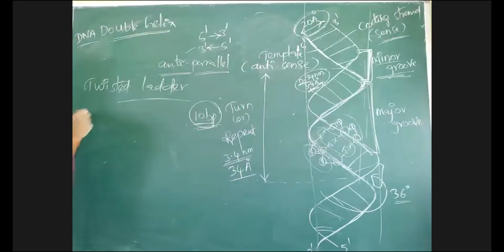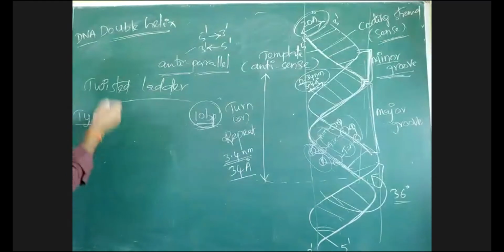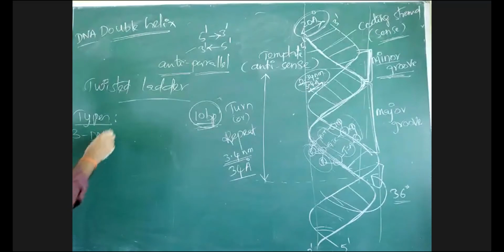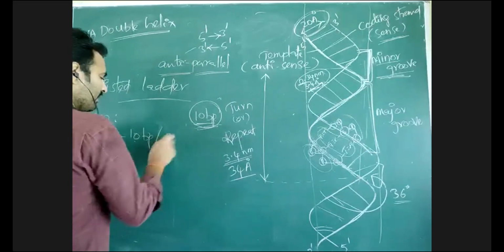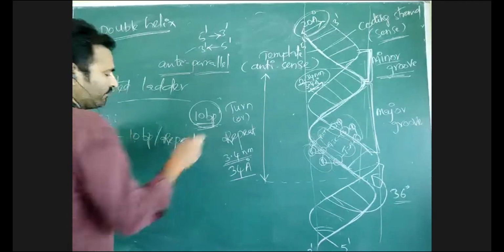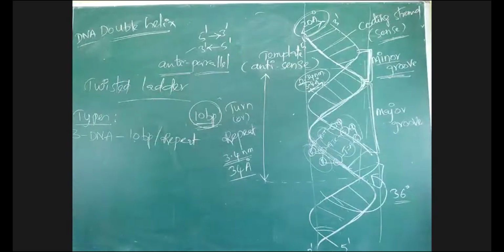This is the structure of DNA. Now see the types of DNA. The important DNA is called B-DNA. B-DNA has 10 base pairs per repeat. One repeat has 10 base pairs.